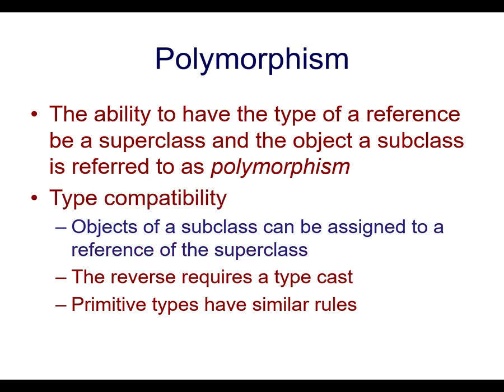Objects of a subclass can be assigned to a reference of the superclass. This is usually referred to as an upcast because the object is being assigned to a class higher up the inheritance hierarchy. Assignments in the reverse direction are called downcasts. They require explicit typecasts because they are potentially unsafe.